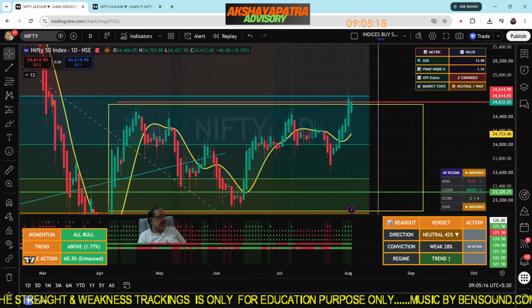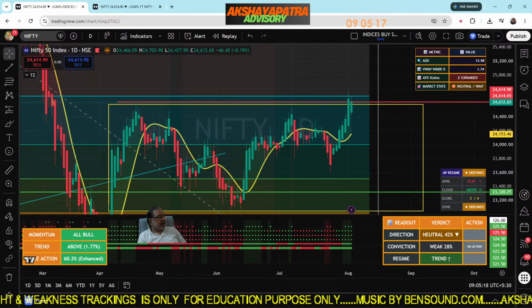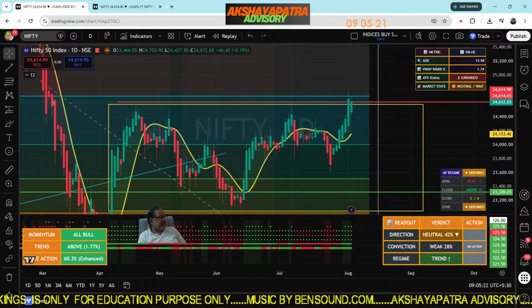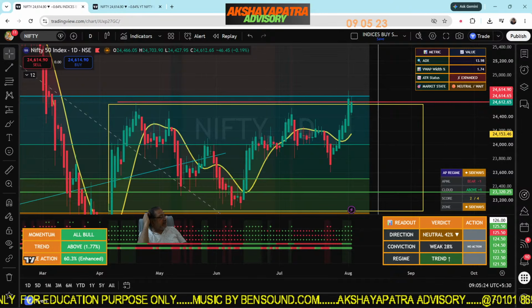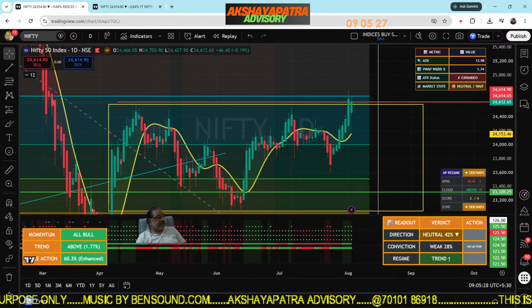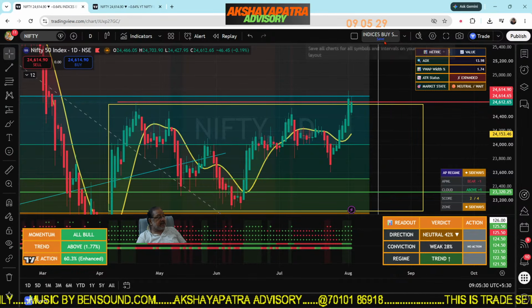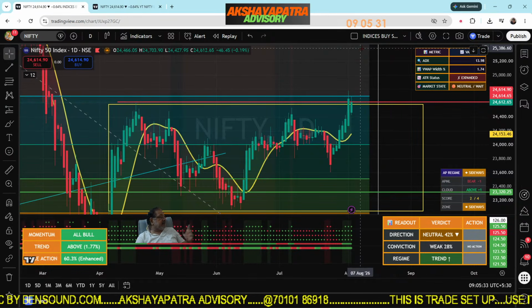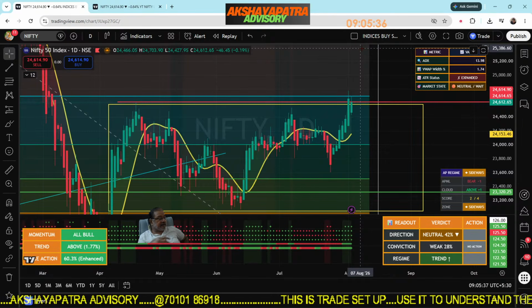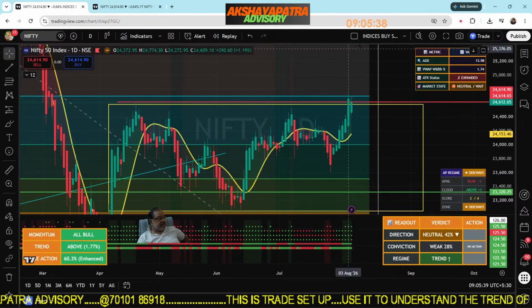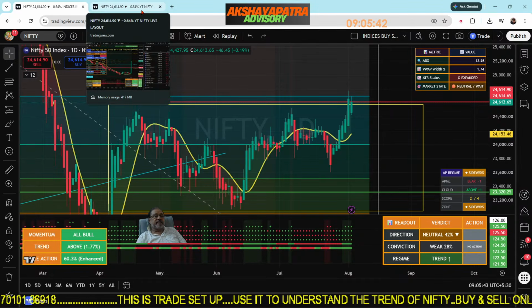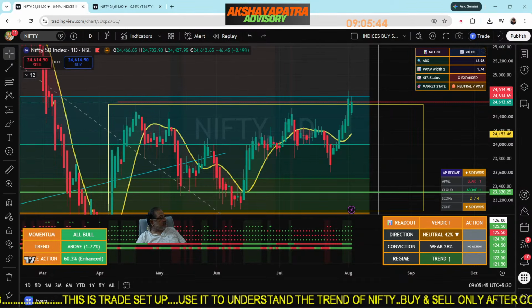We used to get the Excel download of various values, but the problem was many of the indicators were not available there to really test it out. Now I think TradingView also provides Excel download on OHLC and other key values, whatever is there on the chart. Probably I should download and run a test: how many times it has really gone up, and how much more it has gone up. That will give us a good view.